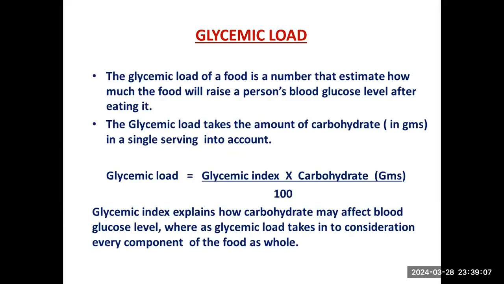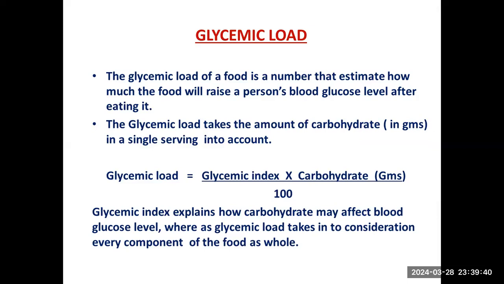Coming to glycemic load. The glycemic load of a food is a number that estimates how much the food will raise a person's blood glucose level after eating it. So whatever food we take, it tells us how much the food will raise our blood glucose level.